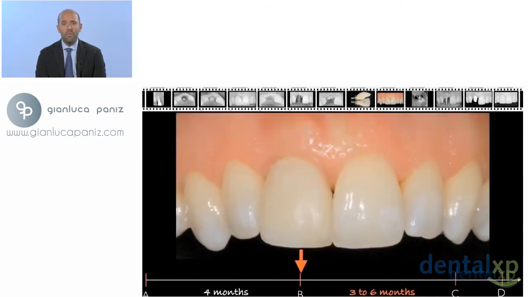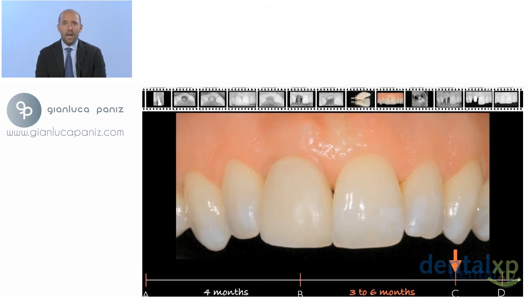In fact, a few months after the delivery of our provisional restoration, we can see that little by little the interproximal black triangles are becoming filled by soft tissue, because this interproximal soft tissue, if the interproximal bone peak is present and if adequate support is given by the interproximal implant emergence profile, can have a good extension in a vertical direction.